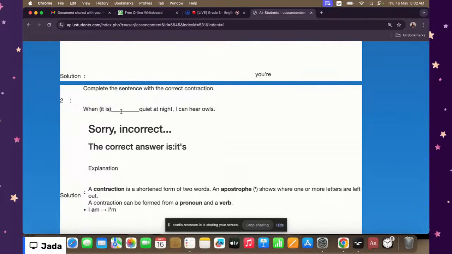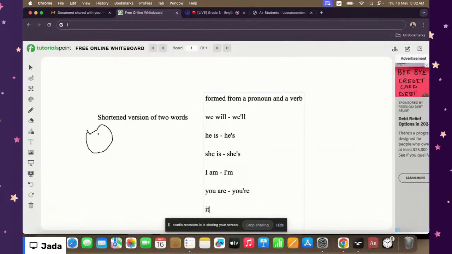When it is quiet at night, I can hear owls. So we also have "it is." If you know any other contraction, you can leave yours on the chat.